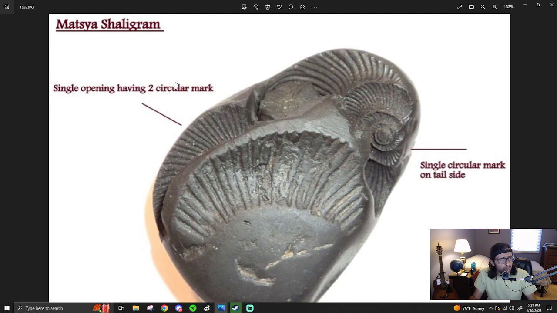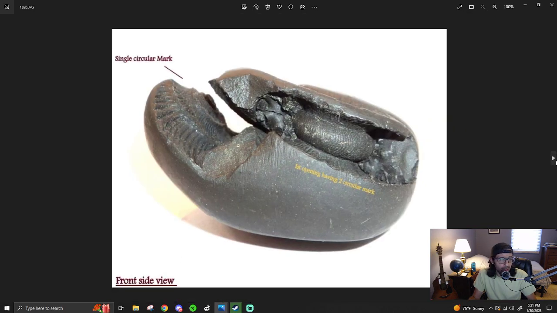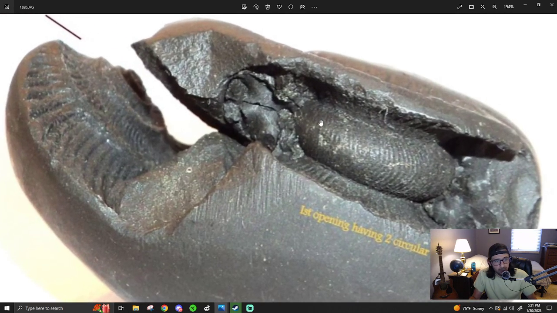That's a single opening having 2 circular marks. Single circular mark on tail's side. First opening having 2 circular marks is this one. We can kind of see it a little narrower and a little wider here.